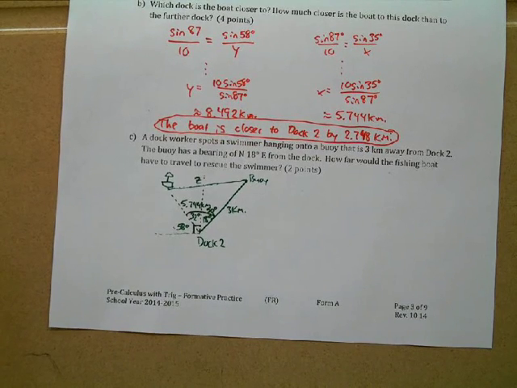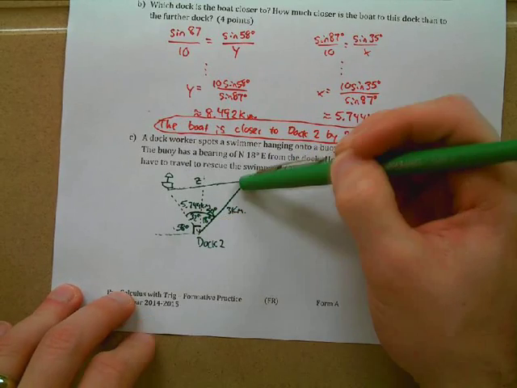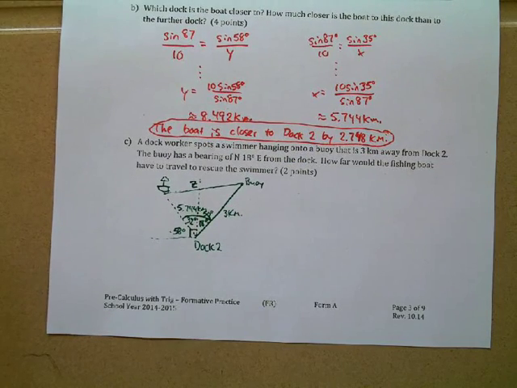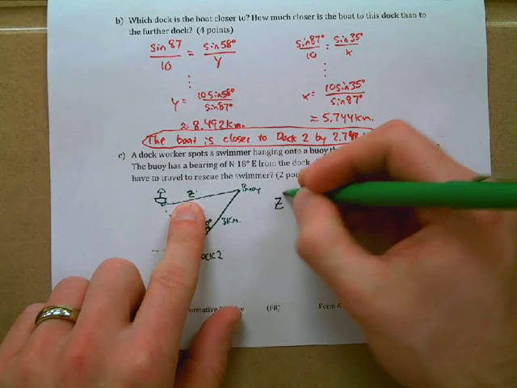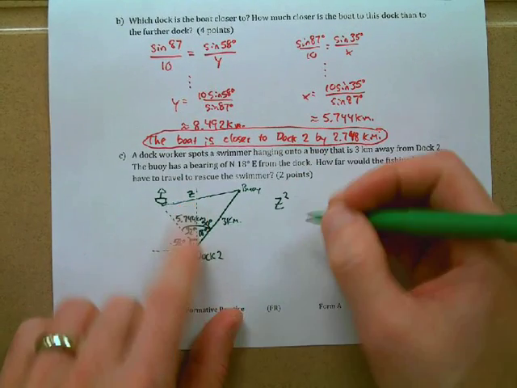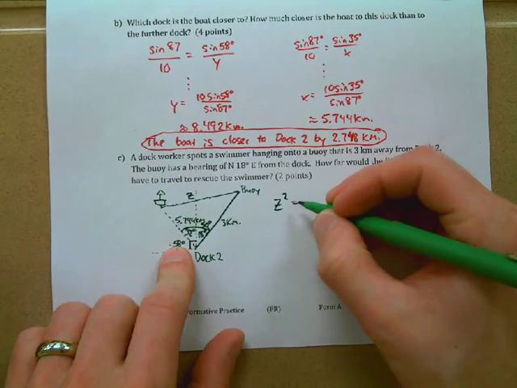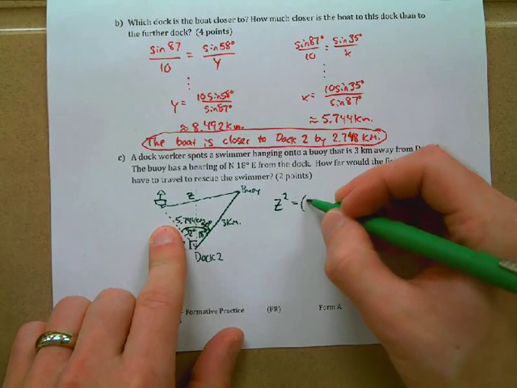So it's going to be Z squared equals, and then we'll use the other two sides here: 5.744 squared plus the other side, 3 squared, minus 2 times 5.744 times 3, and then cosine of the 50-degree angle there. Okay? So there it is, a law of cosines. This one's nice because you can type that whole thing just into your calculator.